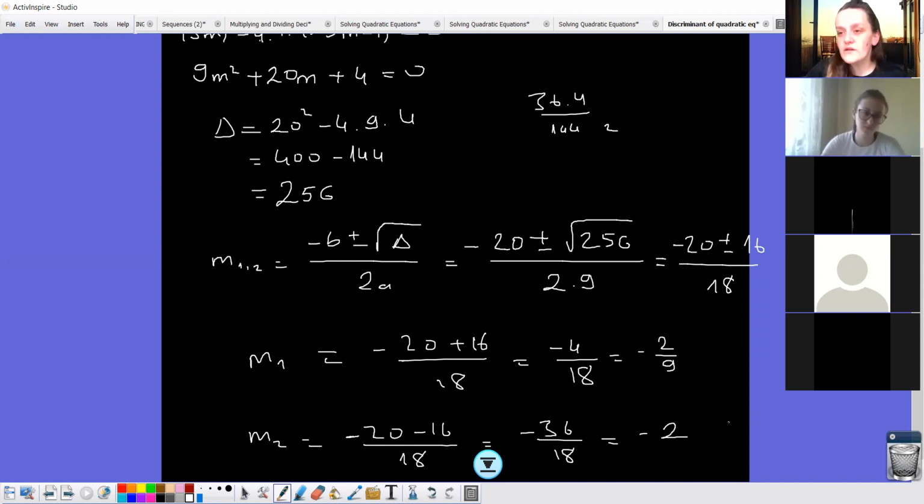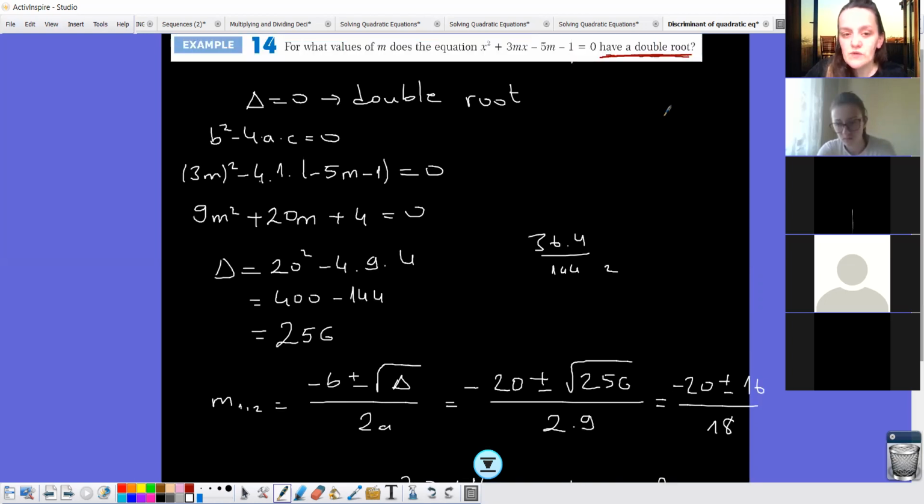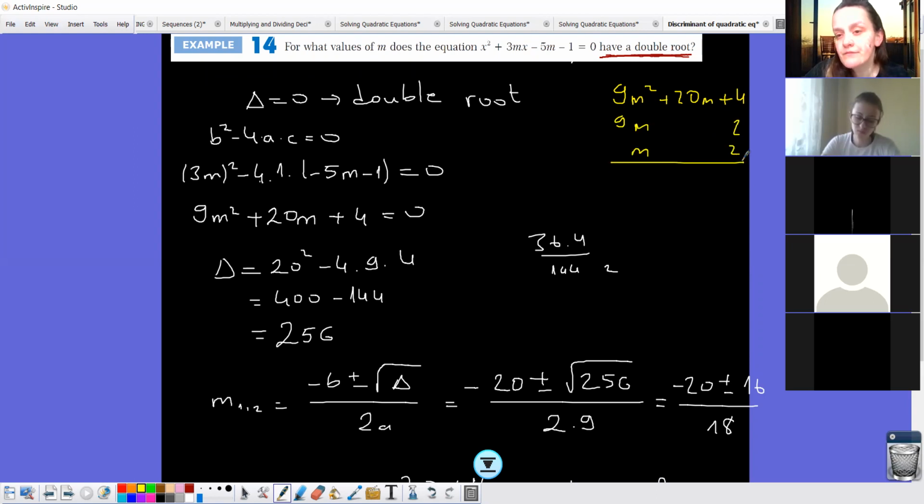Look here, now I realized what the factors will be. What we had, 9m squared plus 20m plus 4. We can do 9m, m, 2, 2. 18m and 2m, 20m.